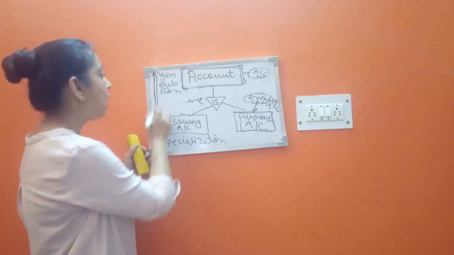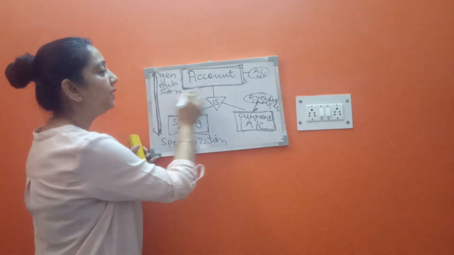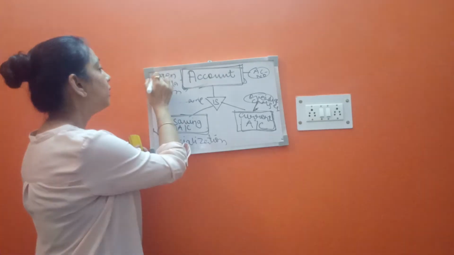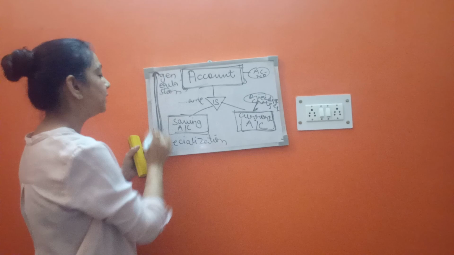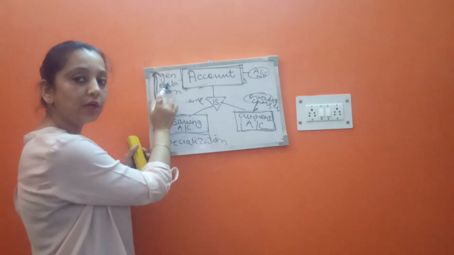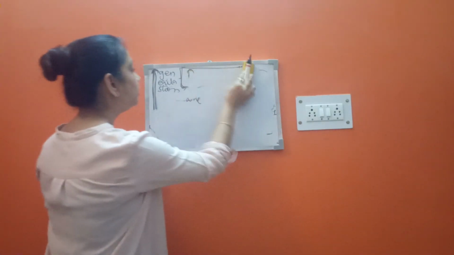But when I go upwards, I see this is a saving account, this is a current account. But if I generalize them, both of them are accounts in general. So if I go from bottom to top, that is a bottom up approach, then I say it is generalization. So this is the concept of specialization and generalization.